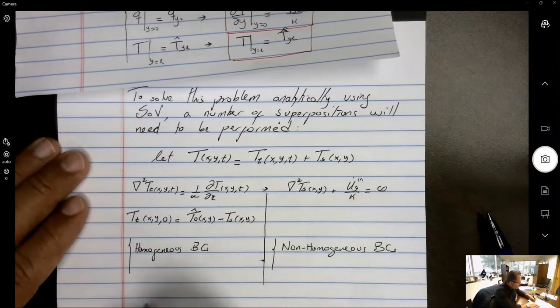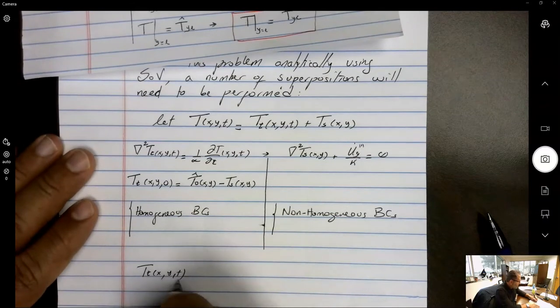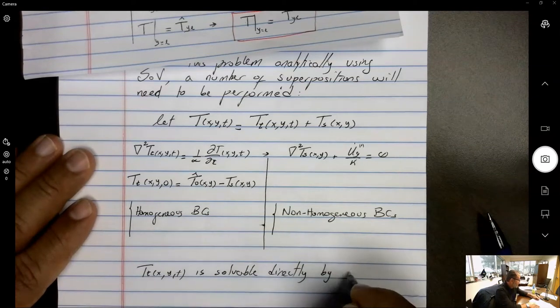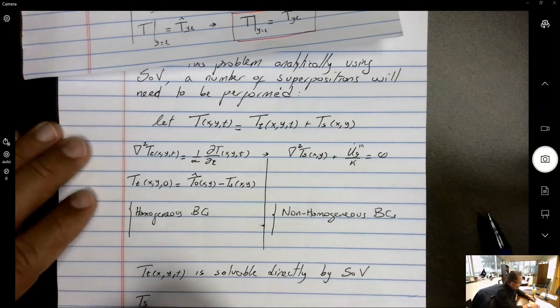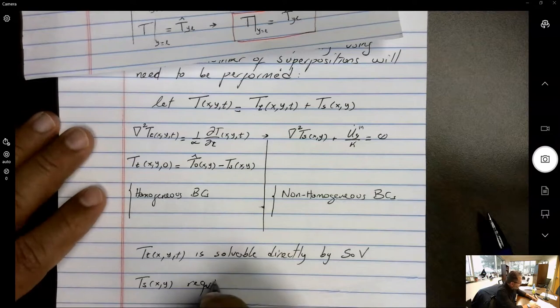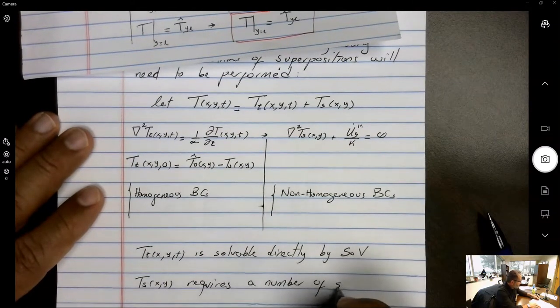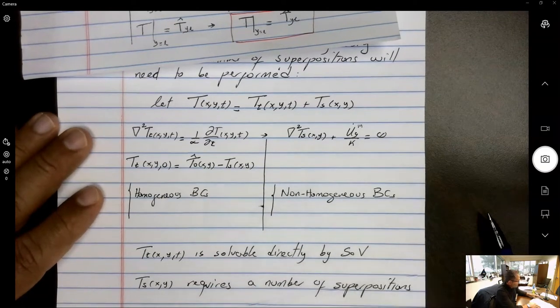So now the transient problem, T_t of x, y, and t, is solvable directly by separation of variables. But T_s of x and y requires a number of superpositions, right?